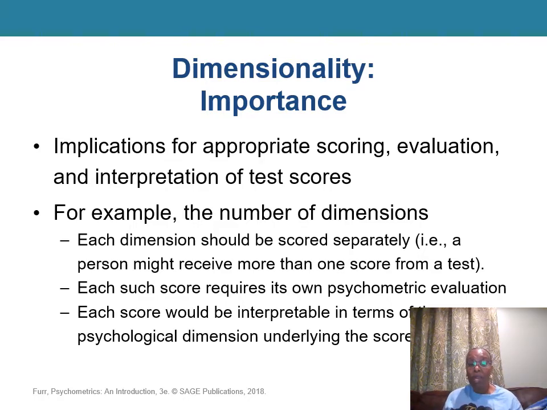Each score is going to have its own psychometric evaluation. Again, with one attribute, we try to do interpretation for one, like unidimensional. And then we also need to look at what the underlying scores would represent, if there are any correlations.